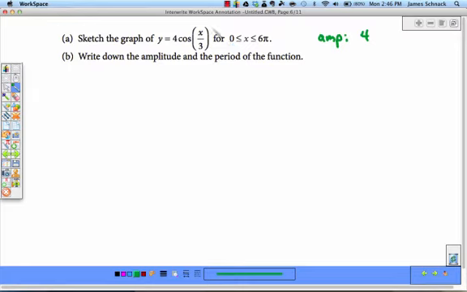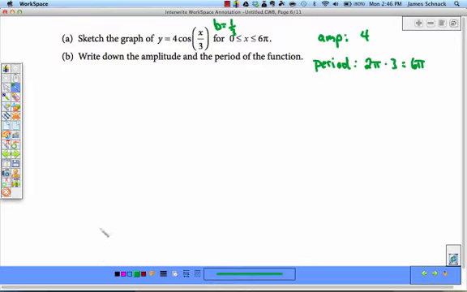The over 3, that's a b value. B is 1/3. So the horizontal stretch is a scale factor of 3. So my period that was 2 pi is now 2 pi times 3, which is 6 pi.